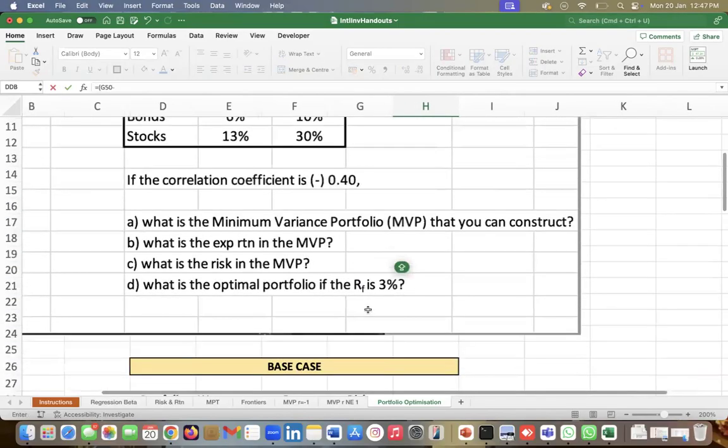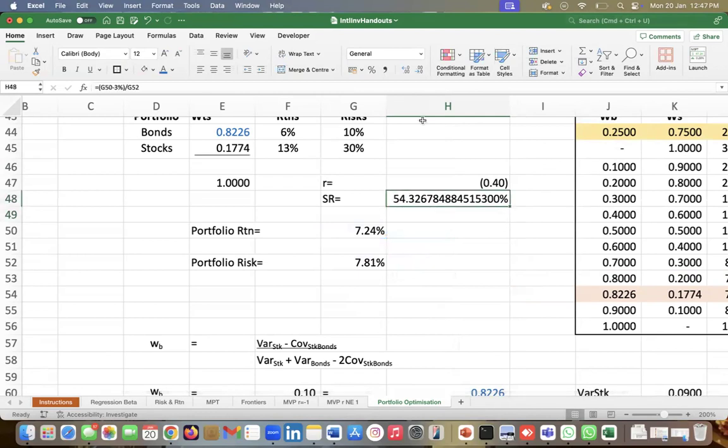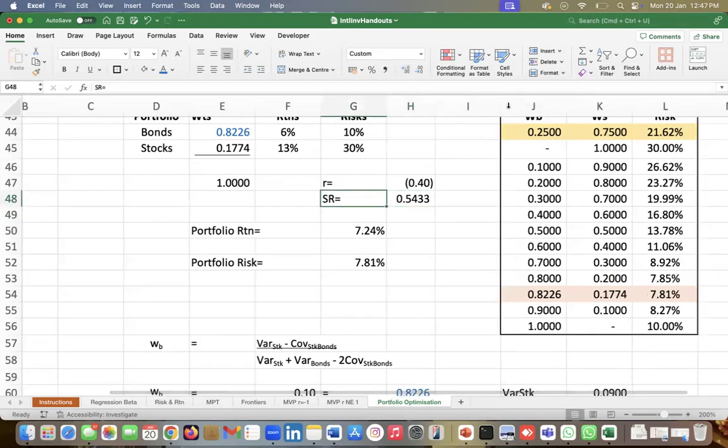What is given in the formula? Rf is 3%, right? So minus 3% divided by sigma P. So currently in the base case, the Sharpe's ratio is 0.5433. So it is clearly not optimal, isn't it?